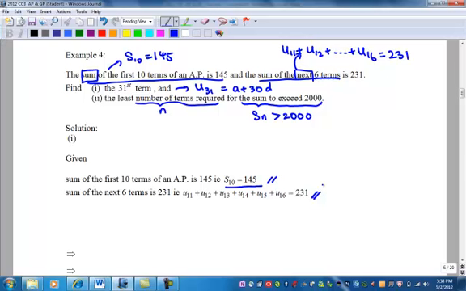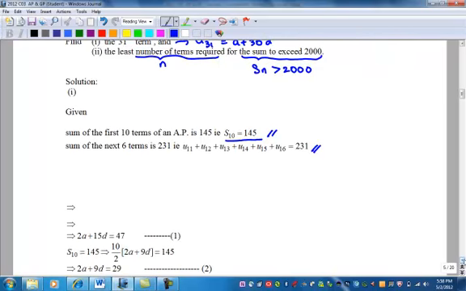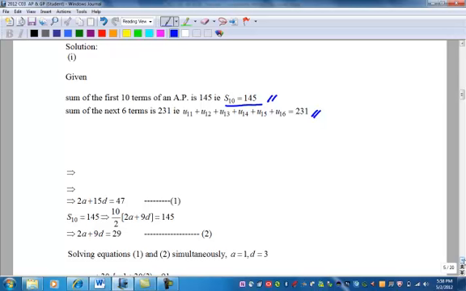So from S subscript 10 being 145, S subscript 10 is 10 over 2, 2A plus 9D. That should be 145, highlighted in green here. When we simplify this, we get our equation 2A plus 9D equals 29.